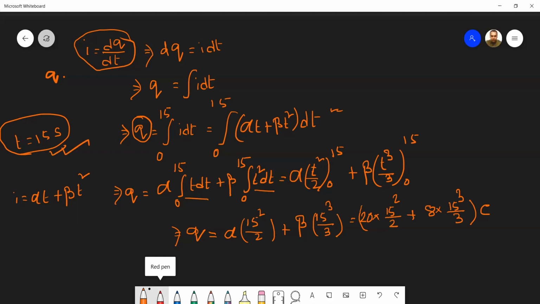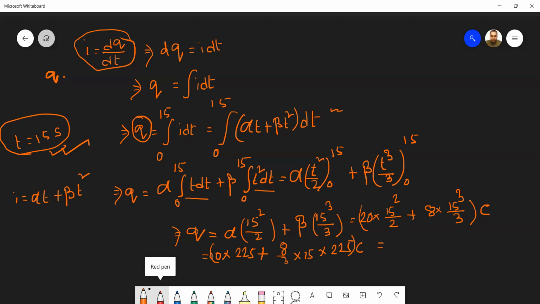Just simplify. 10 multiplied by 15 square is 225, plus 8 divided by 3 multiplied by 15 multiplied by 15 square, where 15 square is 225 Coulomb.